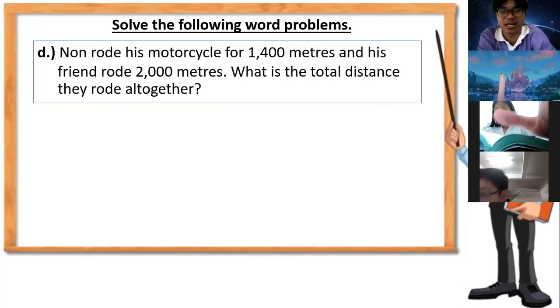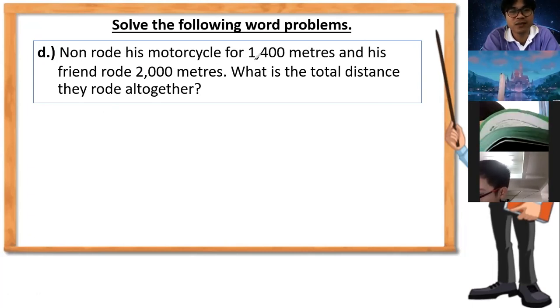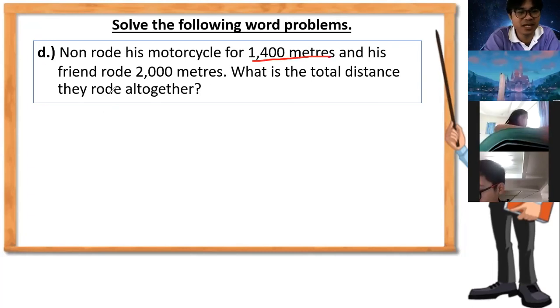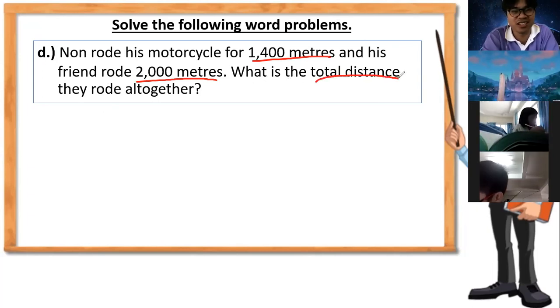Okay, good. Last problem. I will read it for you. Noon rode his motorcycle for 1,400 meters, and his friend rode 2,000 meters. Question: what is the total distance they rode all together?